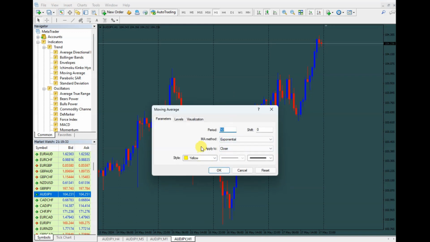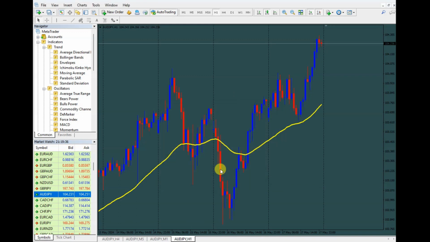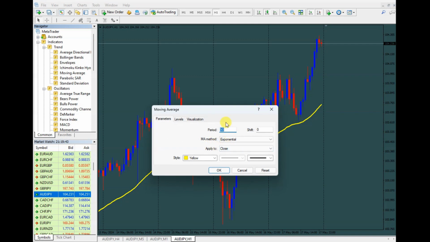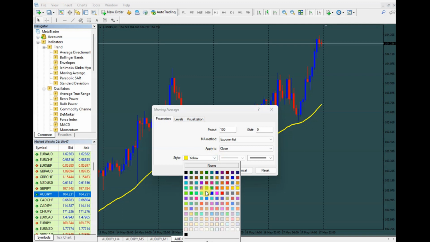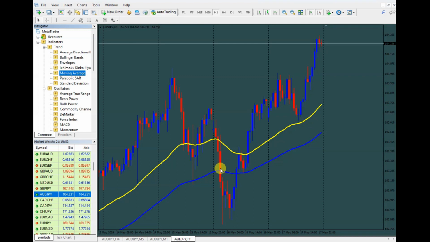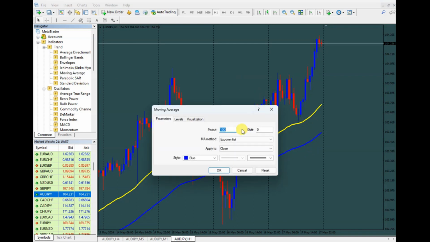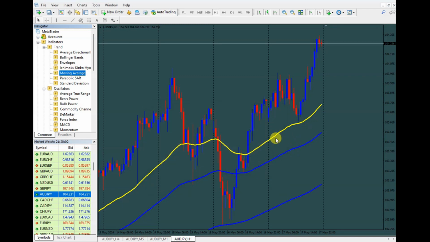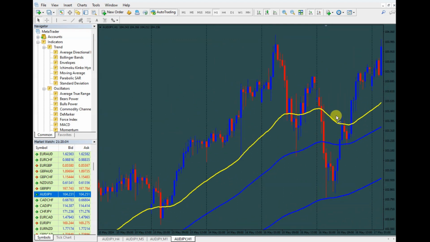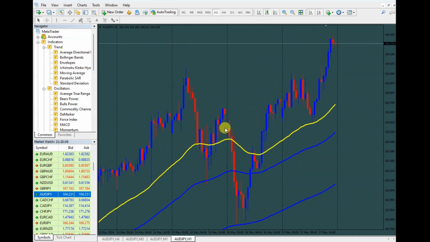Here, we add the 50 EMA, then we add another, the 100 EMA, and set the color to blue, and we add the third EMA, which is the 200 EMA. Okay, so now we have these 3 EMAs on our chart.